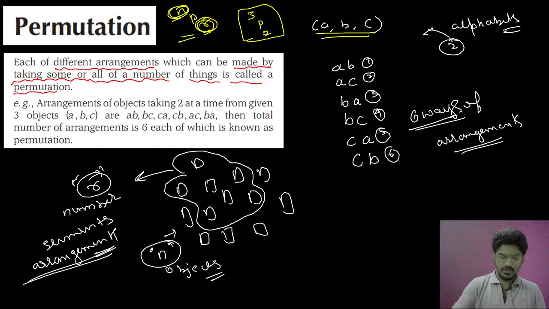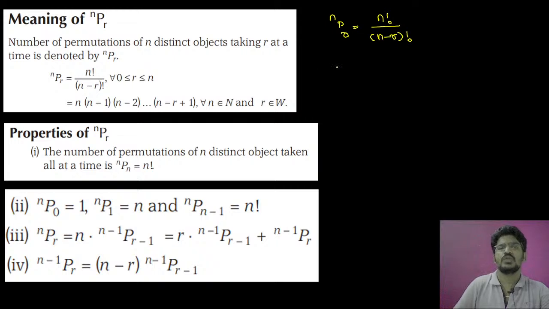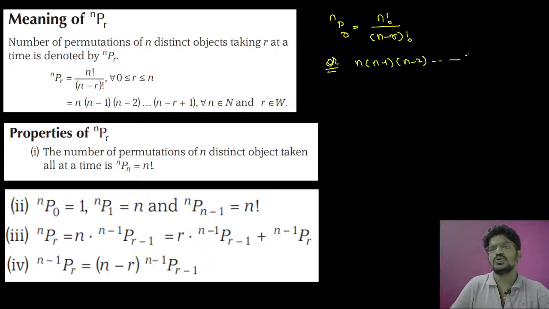Okay, so now we can go for the meaning of nPr. See here, nPr has its own definition, that is nPr is nothing but n factorial divided by n minus r factorial, or I can also write it as n into n minus 1 into n minus 2 and so on up to n minus r plus 1.